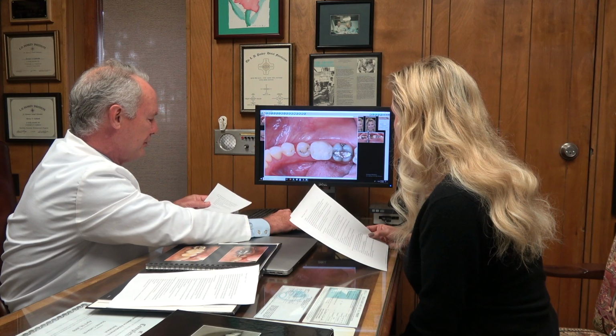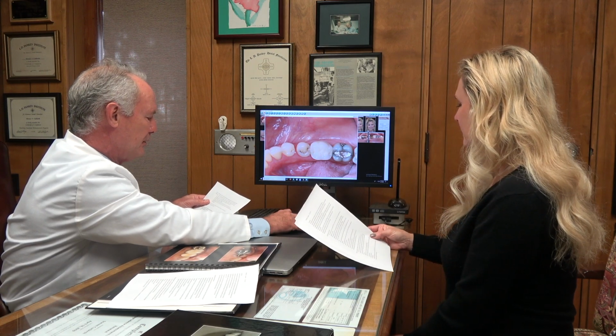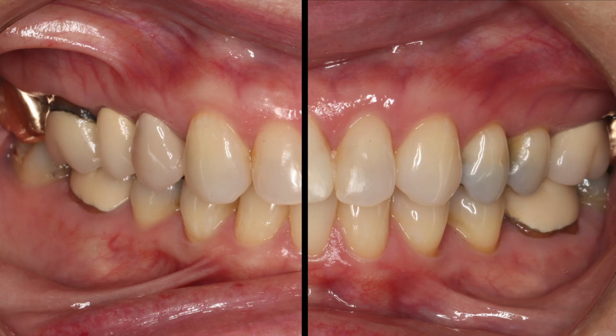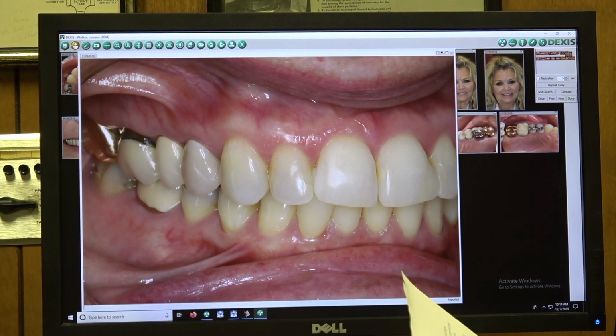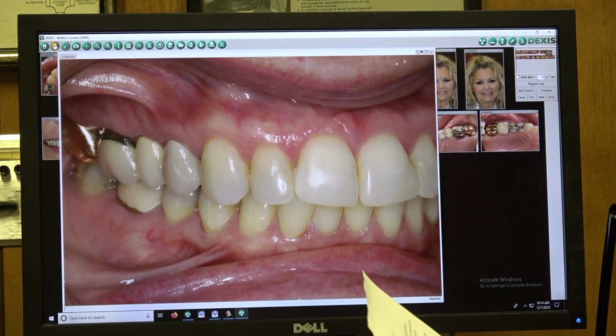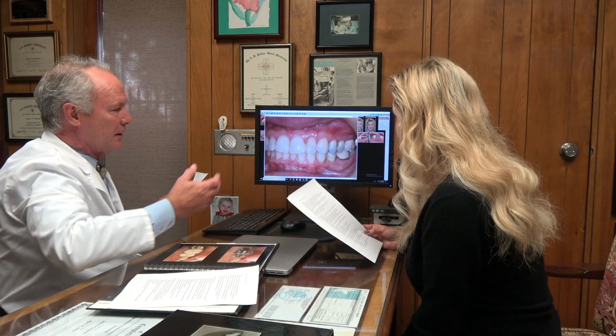And then optional would be to replace the maxillary and mandibular right first molar and mandibular first molar crowns. Those are the ones that have the gingival recession and the discoloration. Yes, that looks bad. I'd like to replace those. Okay. So that could be done in a part 2 or part 2 and 3 if you wanted to do that. Any questions for me about any of this?